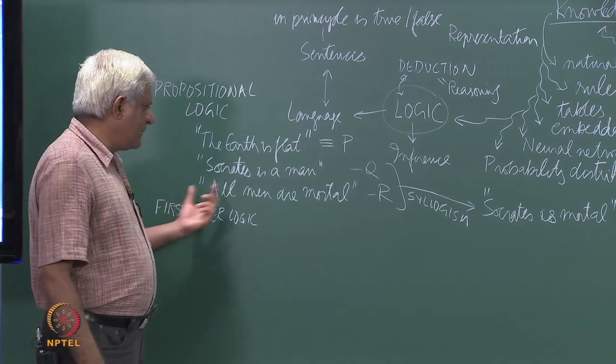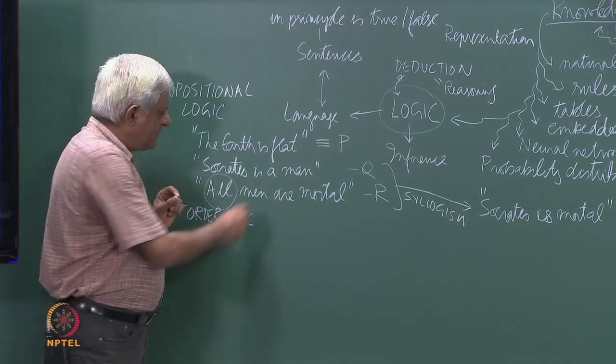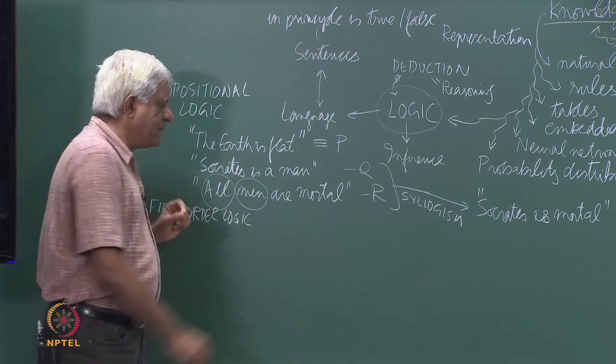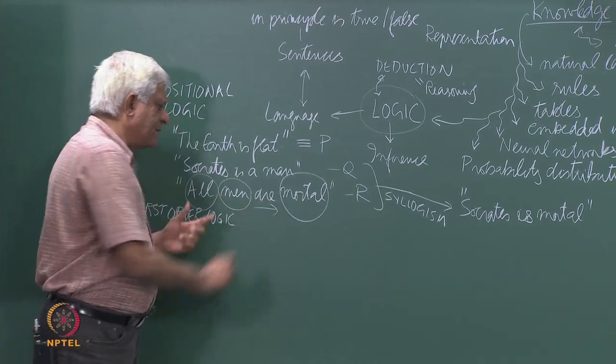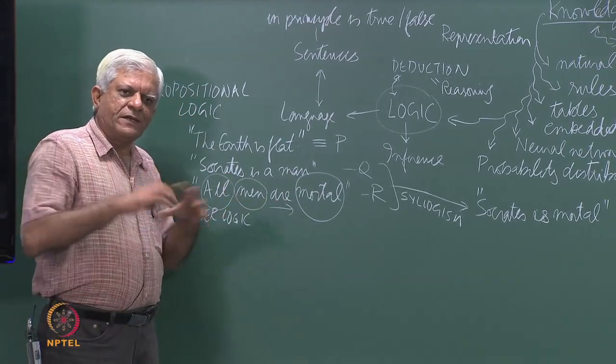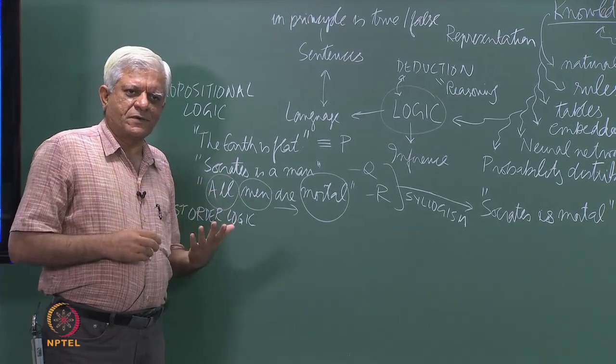In first order logic, we break up a sentence into its parts. We treat the word all separately, we treat the word men separately, and we treat the word mortal separately, and the connection between them separately. We break down the sentence and represent it with constituents, which we can then reason about essentially.